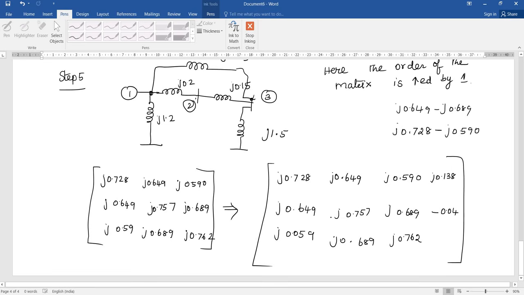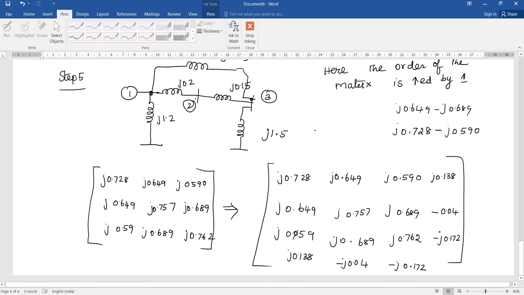J 0.59 minus J 0.762, the value is minus J 0.172. Next, the second column element is the same as 0.728 minus 0.59, the answer is J 0.138, and then minus J 0.04, minus J 0.172.